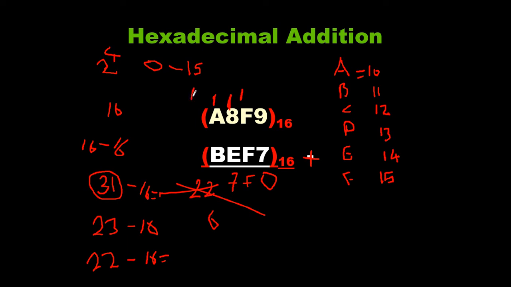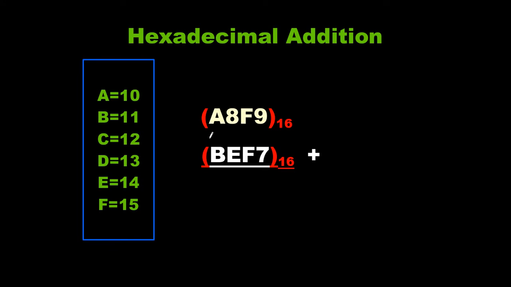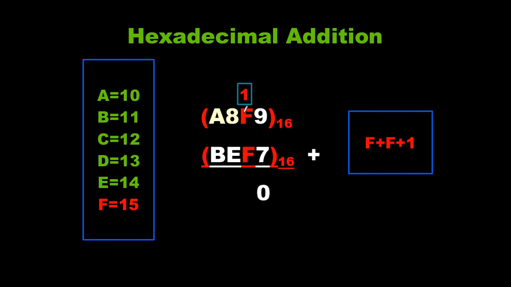9 and 7 is 16. This is the 16. I have F and F and F. F plus F, 15 plus 15 plus 1, is 31. Minus 16, which is the one I'm going to carry. So it's going to be 15, which is F, and a carry of 1.